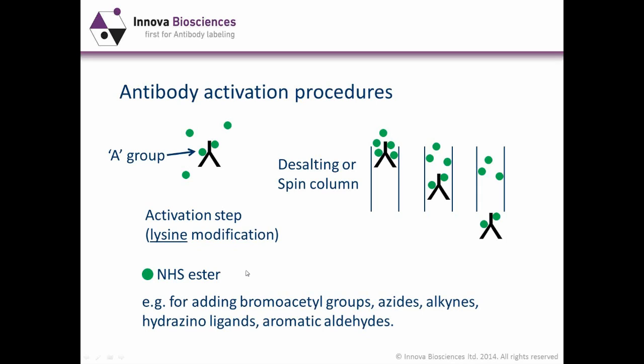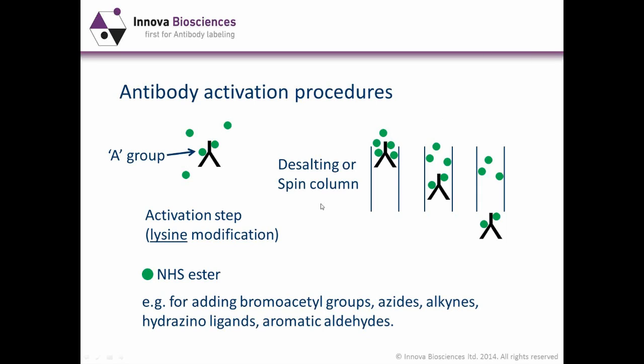This by now should be becoming familiar. You can use these reagents for adding bromoacetyl groups, azides, alkynes, hydrazine ligands, aromatic aldehydes. You may have heard of some of these things. They can be used to produce conjugates. You really shouldn't bother. This is complicating it unnecessarily.